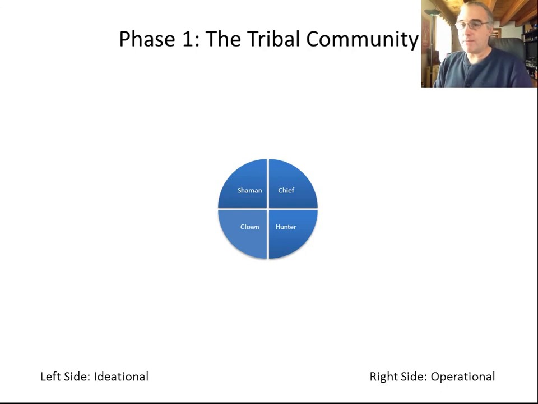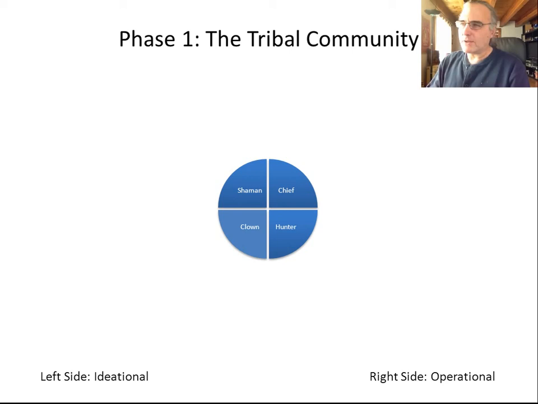On the left side, the shaman and the clown are ideational people. They are people who are about ideas and purpose and reason, or mocking of reason. Any of those things in which they're not directly having to go out and hunt.